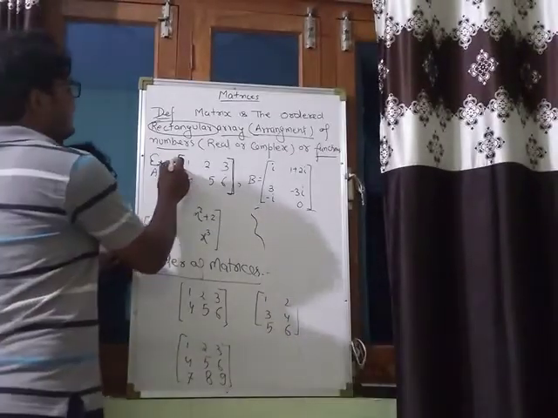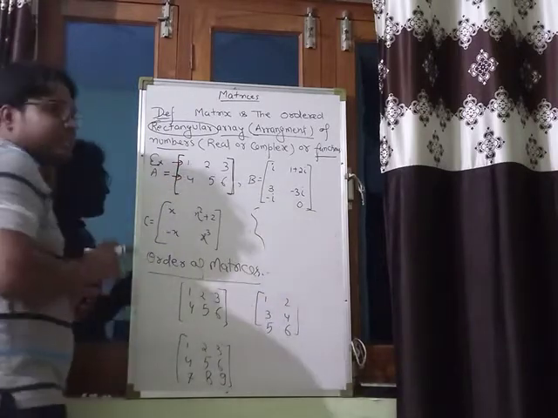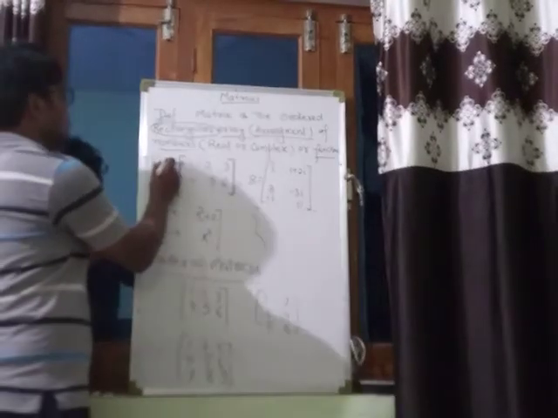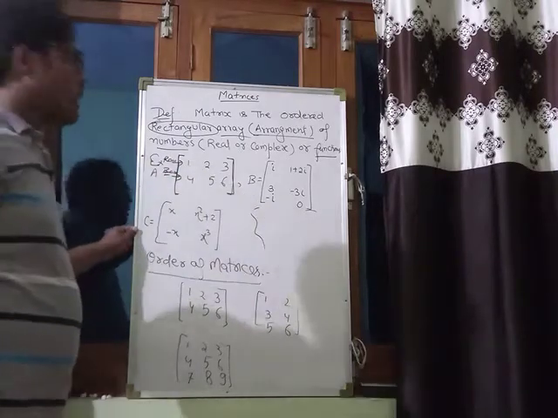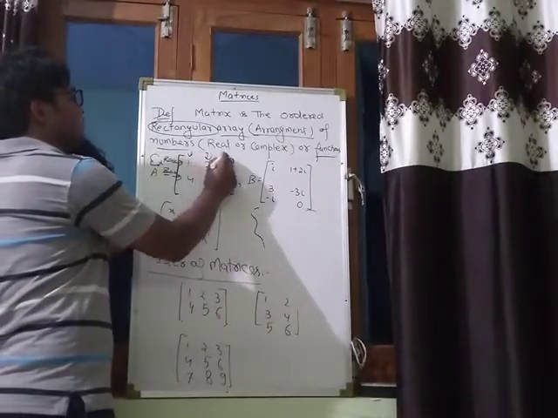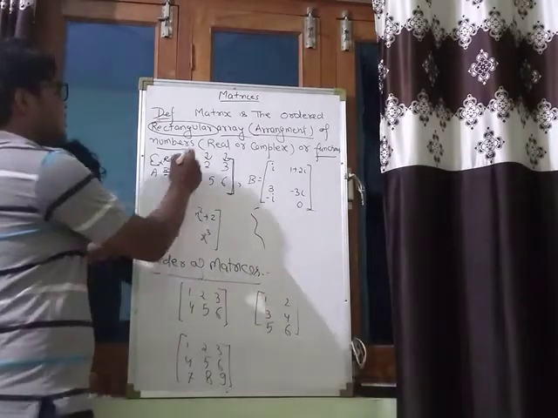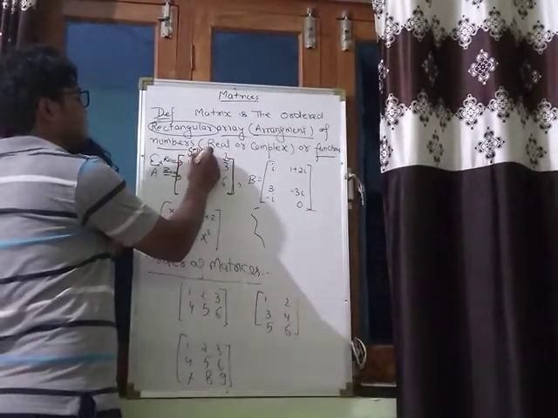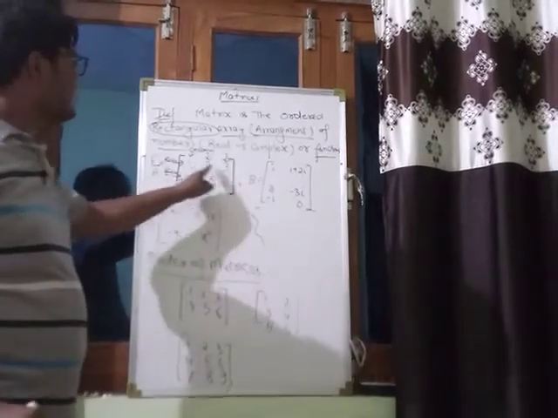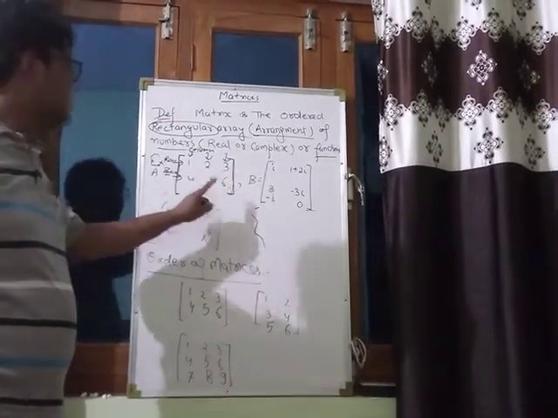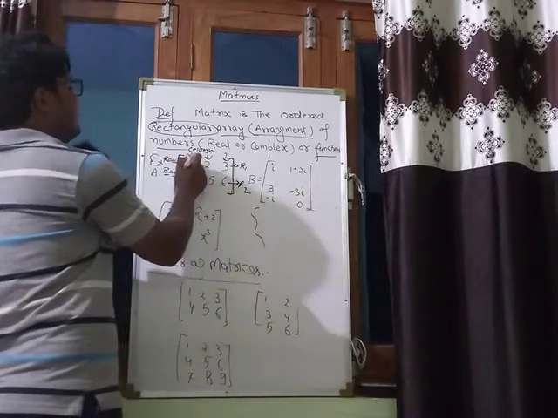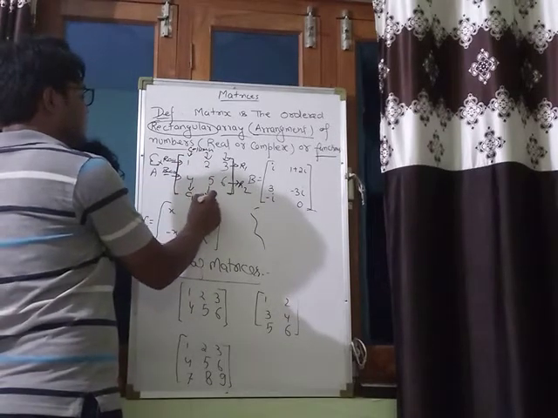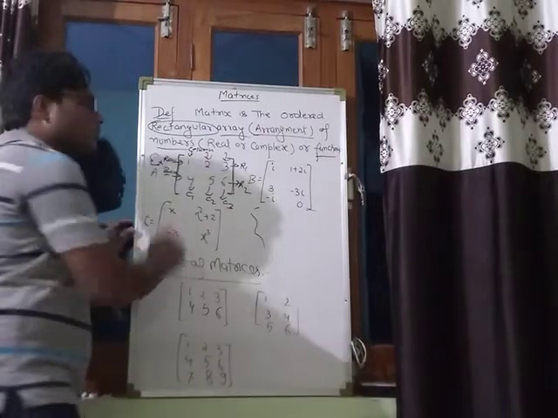See, these entries in a horizontal line are called rows. This is a row. And vertical line entries are called columns. So this one is the first row, this one is the second row, also represented by R1, R2, and these are represented by C1, C2, C3. Got it?